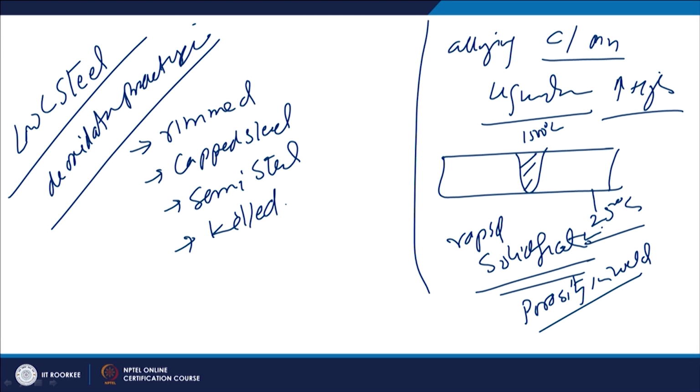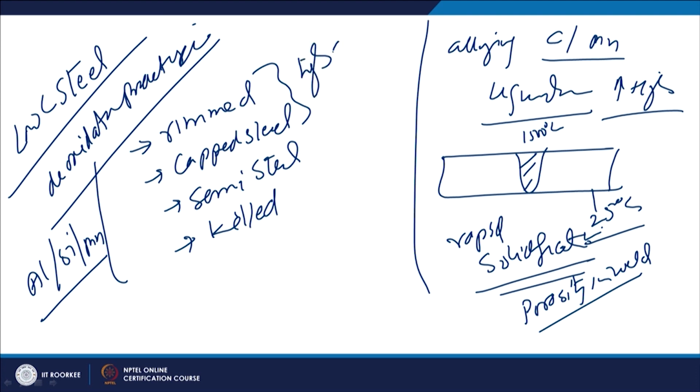So, deoxidation is carried out at the manufacturing stage using suitable deoxidizers like aluminum, silicon, manganese, and when this is not done at all, then the low carbon steel will have a high oxygen concentration in the steel itself, while in case of the semi killed steel or killed steels the oxygen concentration is reduced through the deoxidation using aluminum, silicon or manganese kind of elements.